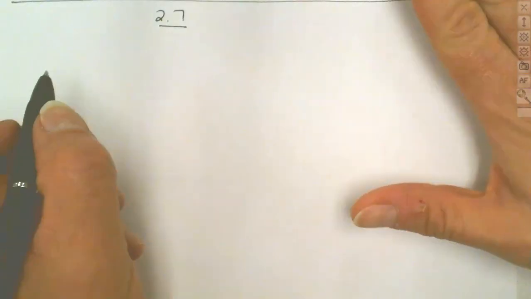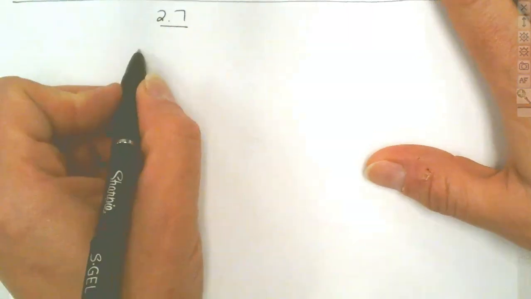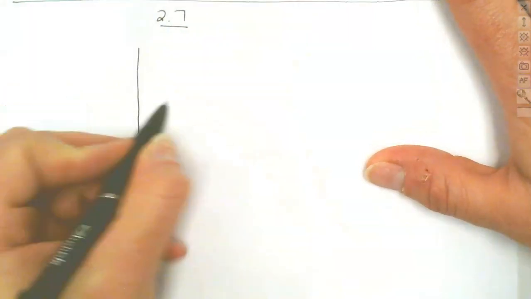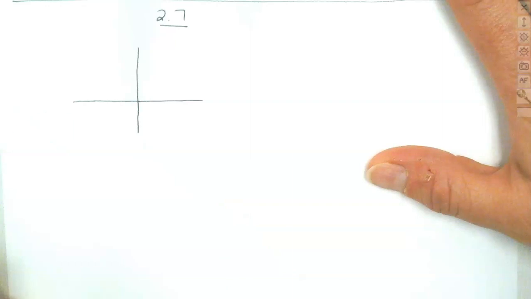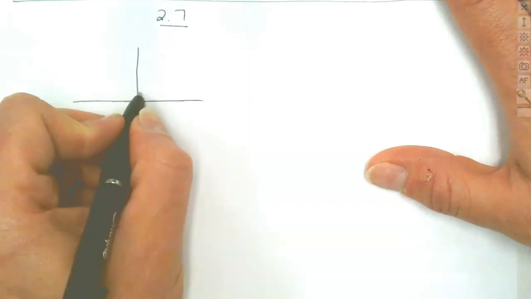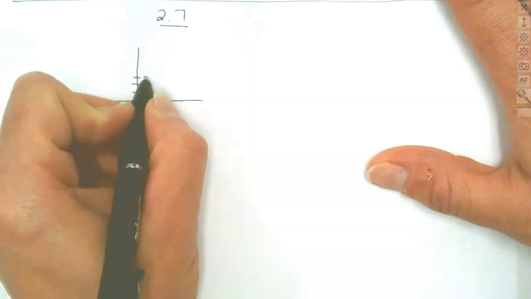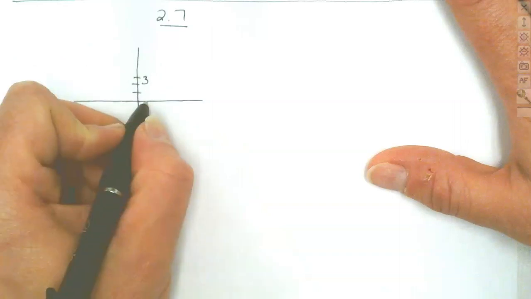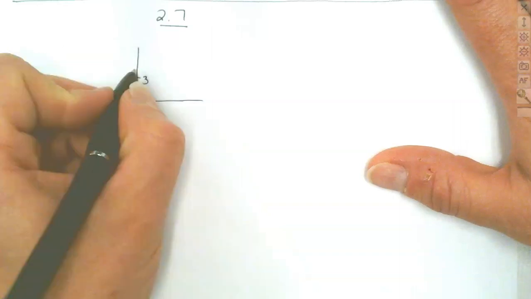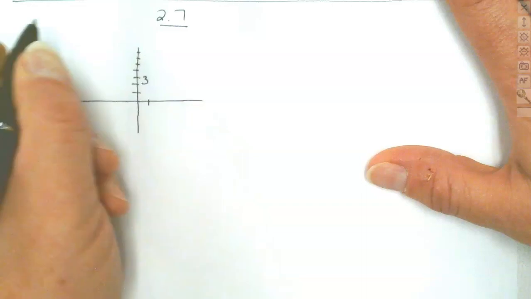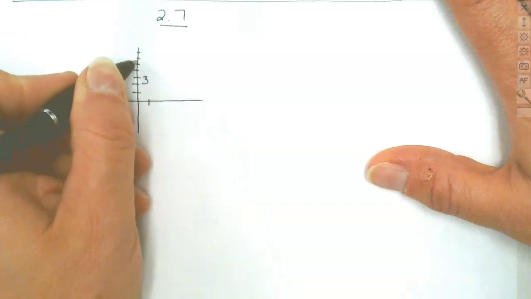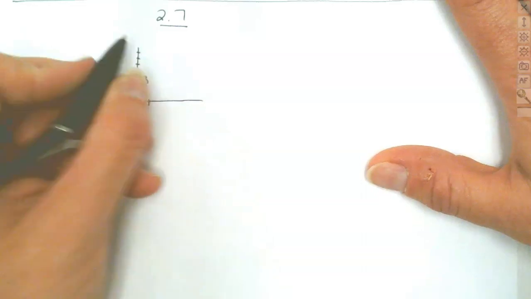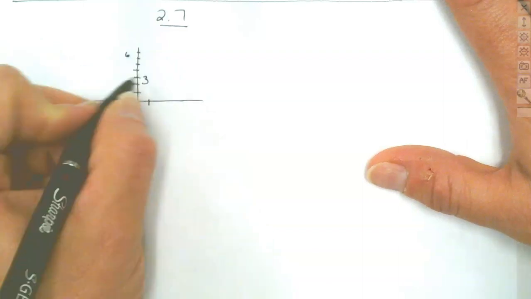So now I'm going to give you a graph, and you're going to try to figure out what function it came from. Okay, so we put about 6 here.